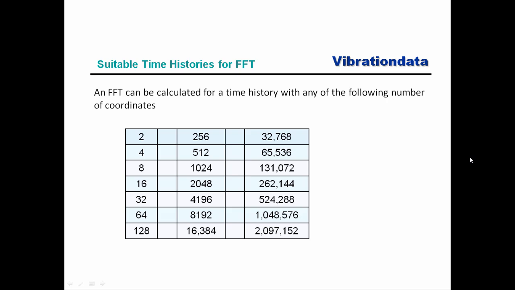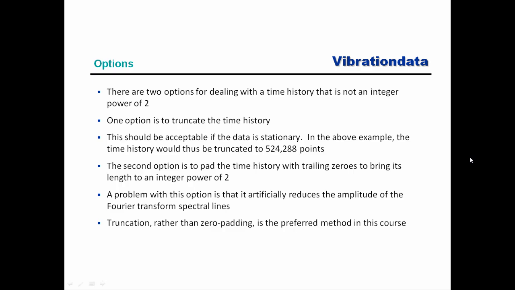I guess you could get a terabyte of data collected if your hard drives had that much memory. Well, that's drinking water with a fire hose at that point. Anyways, let's move on. I think we've covered this slide already. So truncation and zero padding are our 2 options if we do not have exactly 2 to the nth number of points.